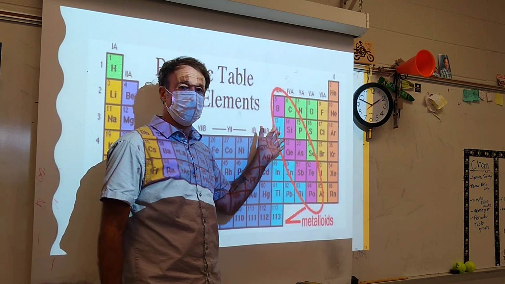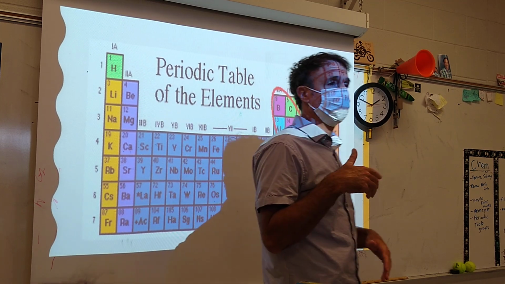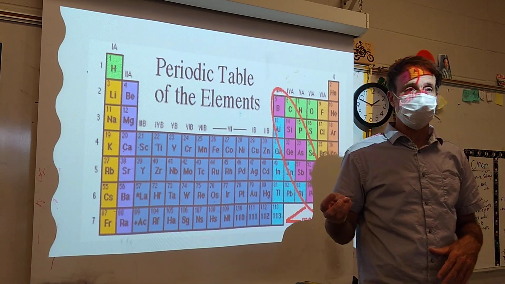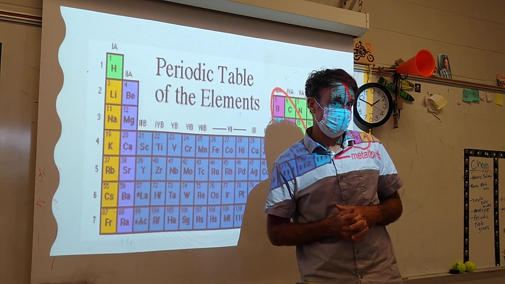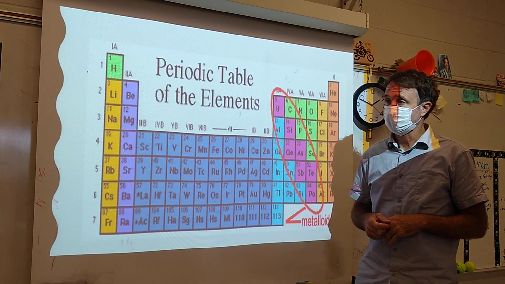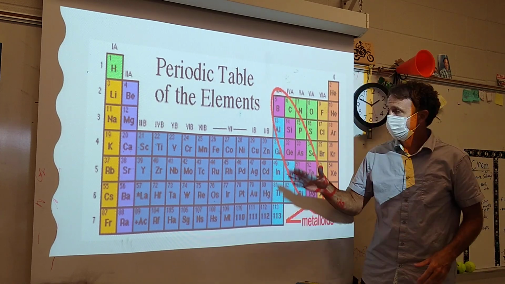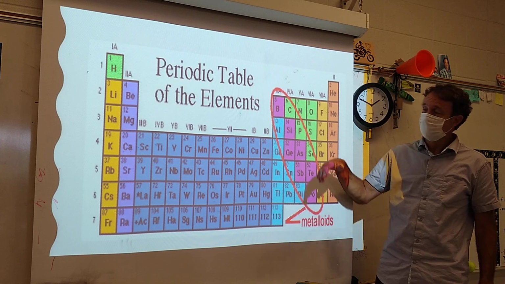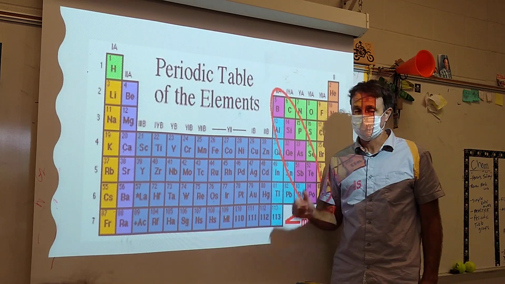Silicon's used in computer chips, and we're using the property of silicon for its ability to sometimes conduct electricity, and then under other conditions not conduct electricity. Okay? Silicon Valley, where Google and the other big tech companies are, is named for silicon on the periodic table, and it's used because it's a metalloid. All right? Metalloids.